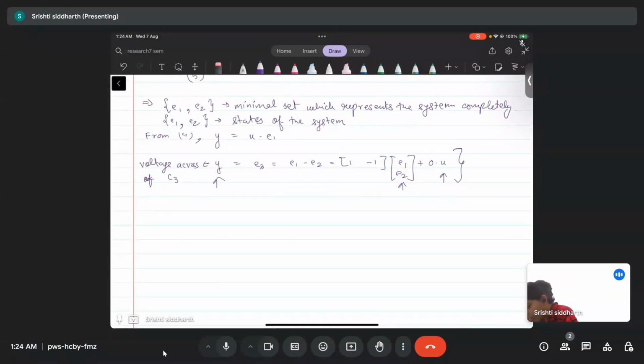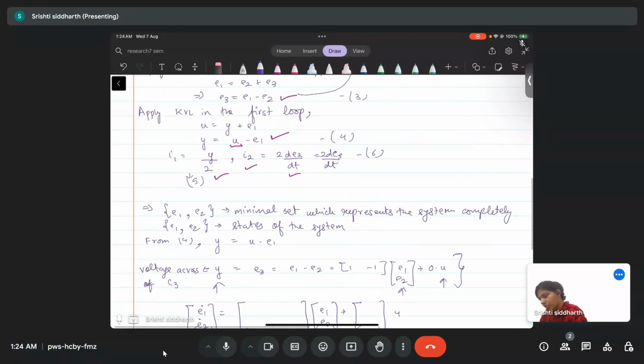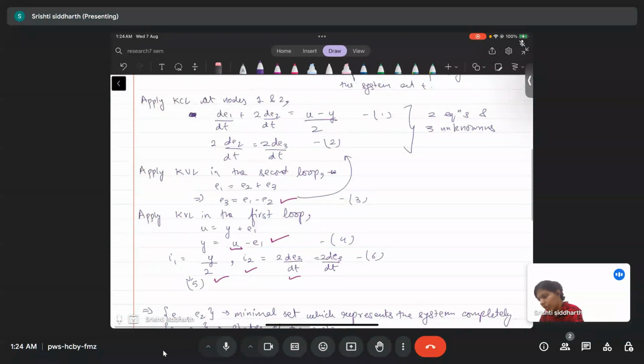So we would have E1 dot and E2 dot equals some matrix times E1, E2, and then the relation with the input U. So let's go back to equations 1 and 2. So we know what the output Y is. So you can substitute for that.